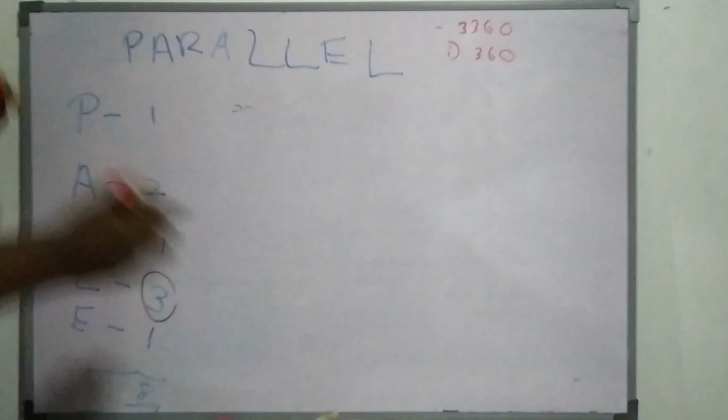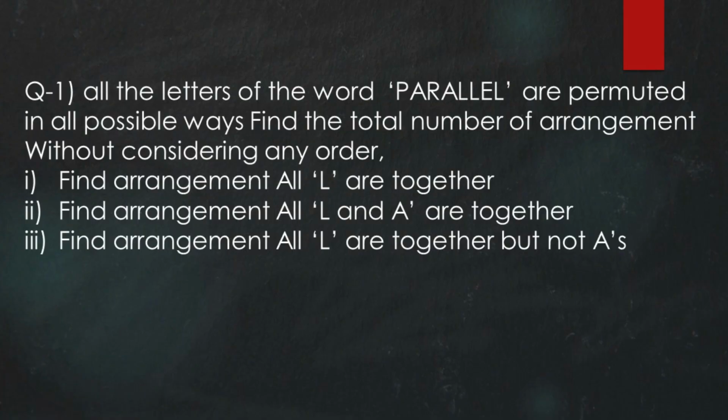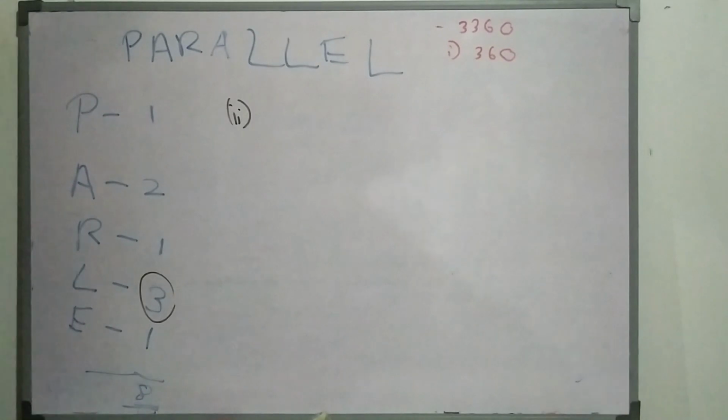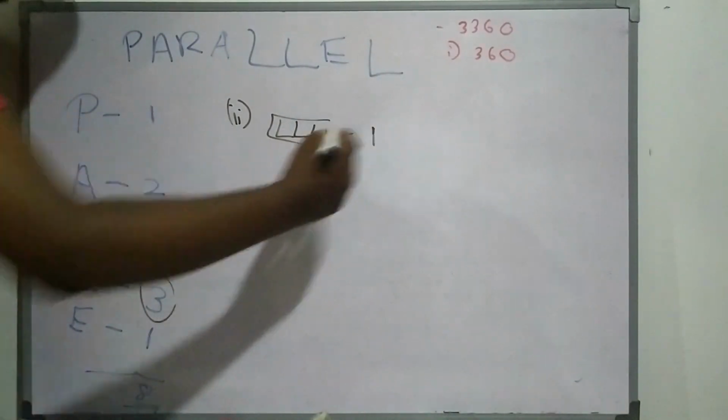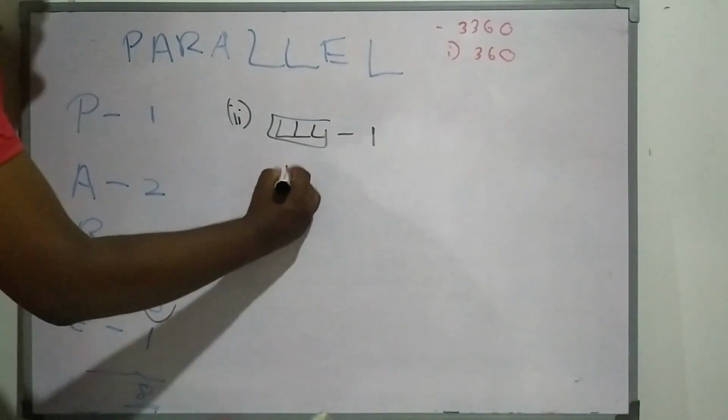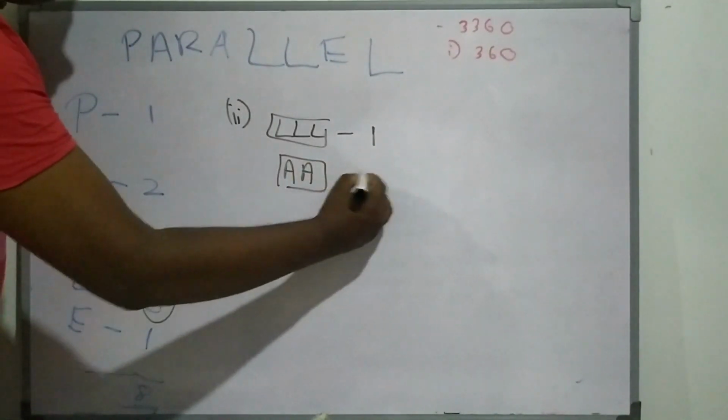The next row number was all L's and A's together. That means we have to consider L as one bundle and A as another bundle, right? Triple L as one, and double A as another kind.